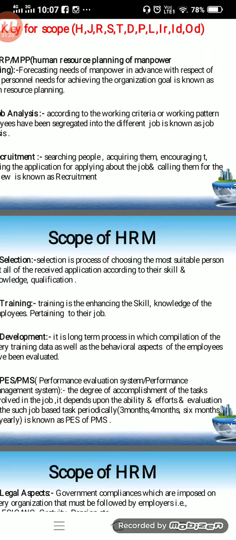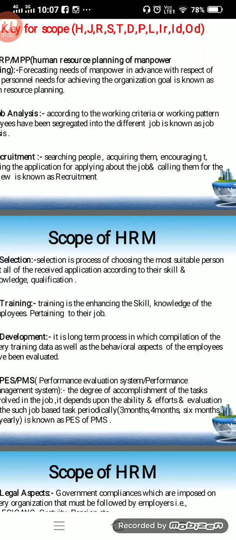Now we require only 10 employees, but we have 100 applicants who are ready to work in the organization. They have qualifications, they have experience, but we have to select only 10 employees because the vacancy is only for 10. So how can we select them? With the help of the selection process, we select the employees who have higher or better knowledge than others.